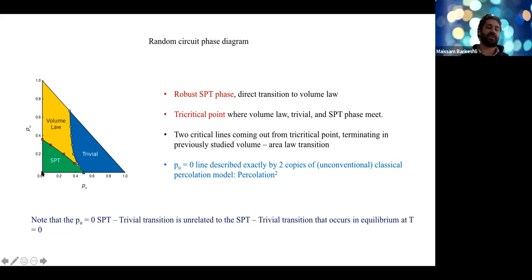I'll describe it more soon when I get to the ancilla order parameter, but it doesn't matter what you start off with, essentially. You can start off with any state you like, or even a maximally mixed state. You're going to get this phase diagram. But the question is exactly how you probe it. So I'm going to show you some plots for exactly what we calculate.